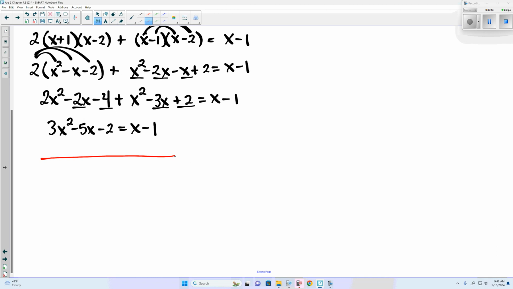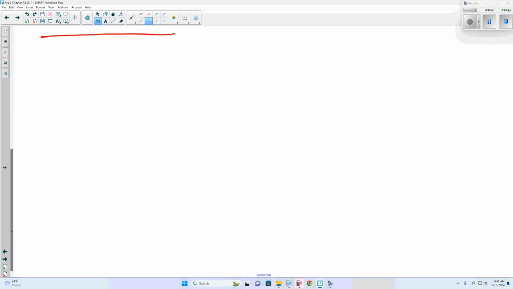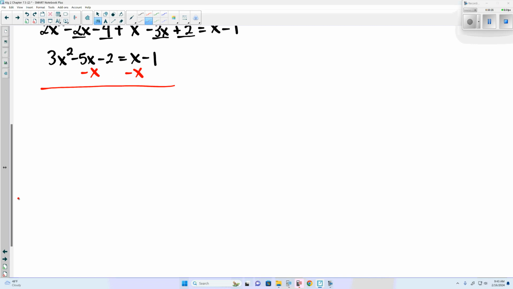So, no more like terms, yes? It is a quadratic. We have an x squared, so we have to get this equal to 0. So it doesn't matter what I move first, really, for these here. We can subtract x. 3x squared minus 6x minus 2 is equal to negative 1.